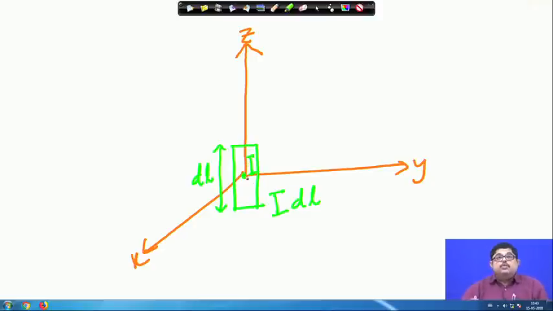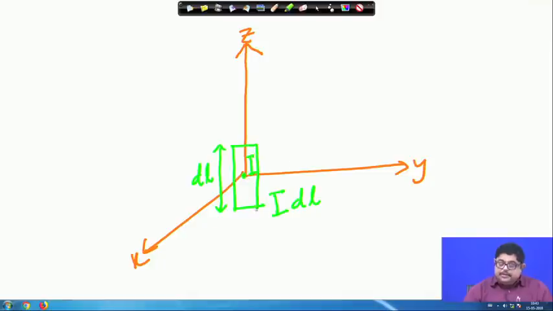Also, all radiators are distributed structures, and they can be broken into these current elements. That is why this is fundamental.